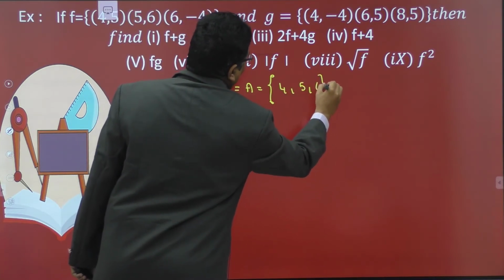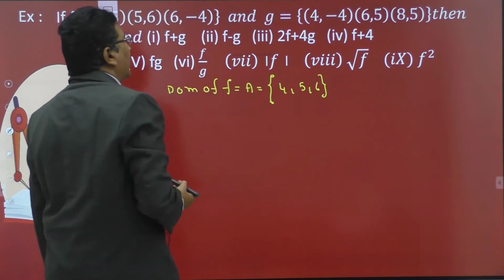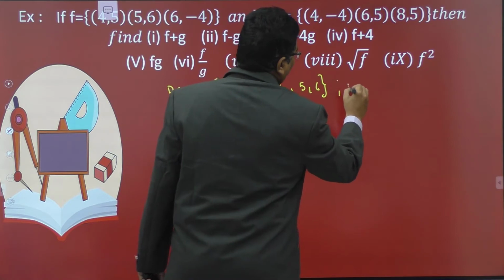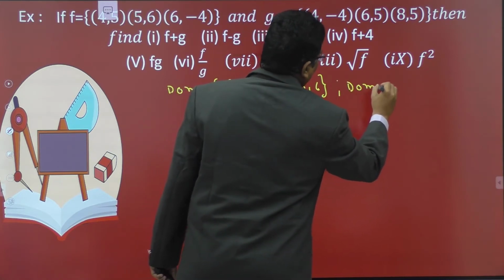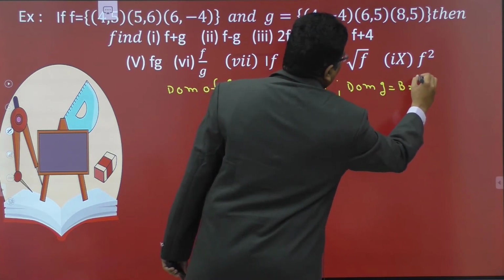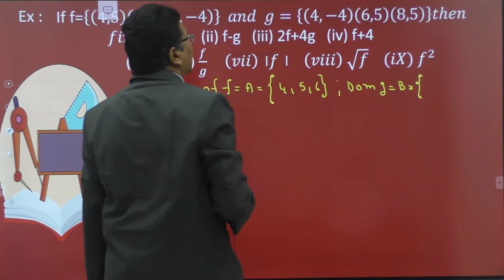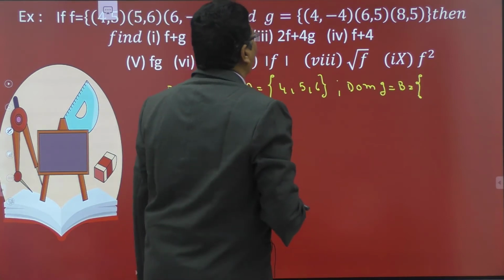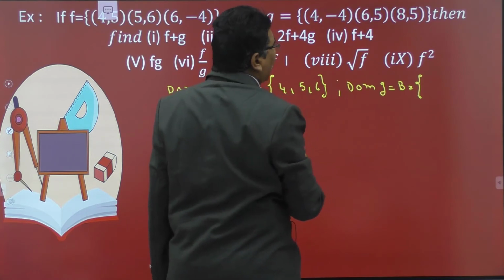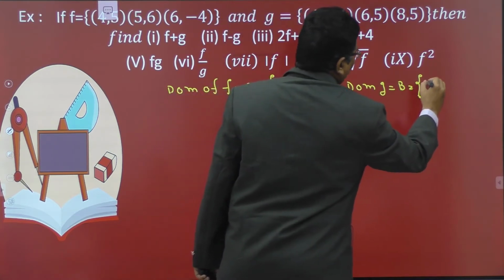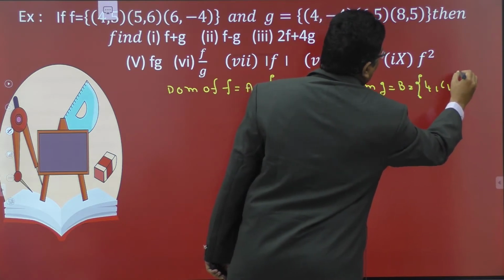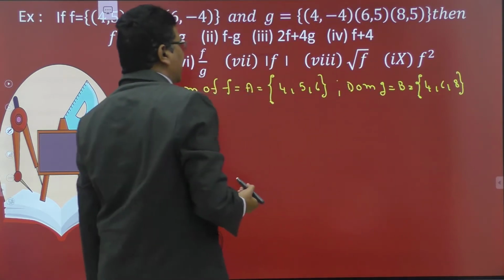Now, domain of g, let it be B, is the set of first components, which are 4, 6, 8.